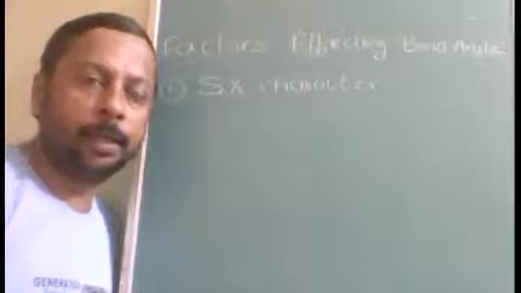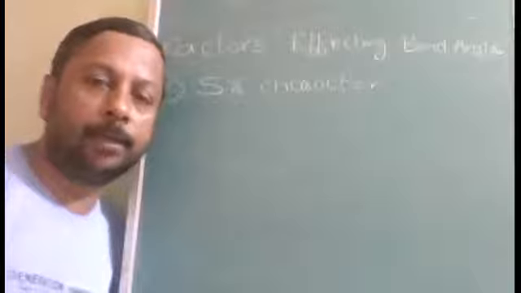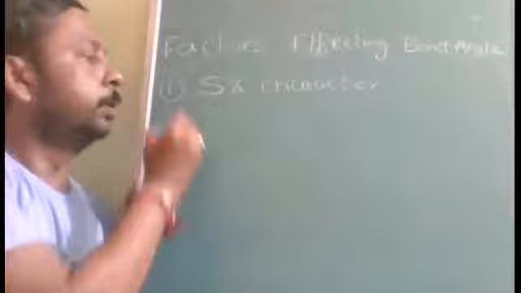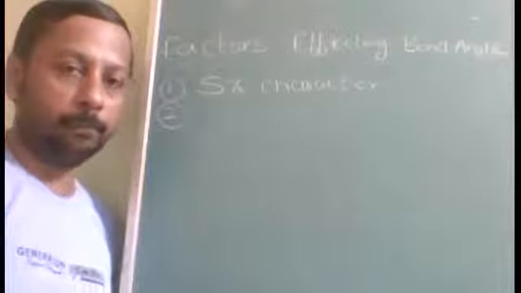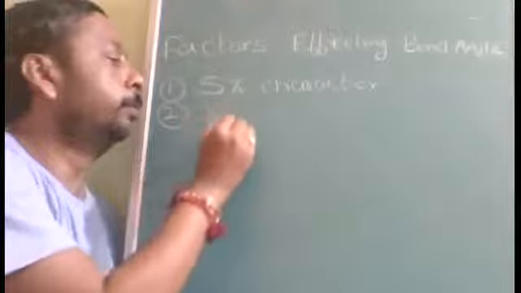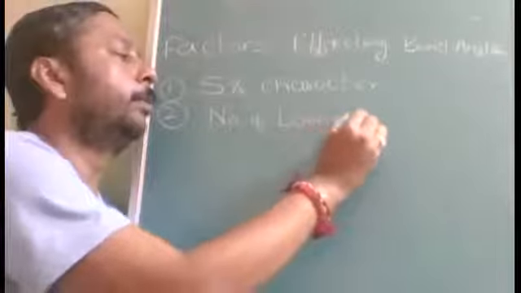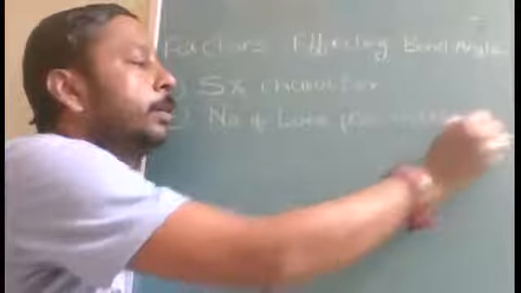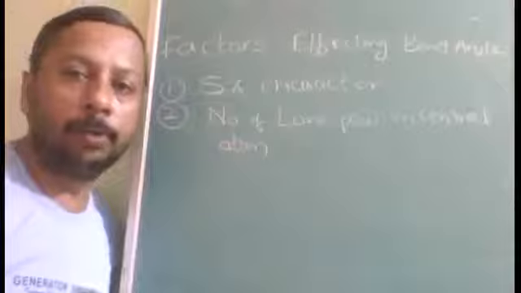After finding out the hybridization, if the hybridization is the same, definitely the s percentage character is also going to be the same. Then the second step you will follow is the number of lone pairs. What you will find out is the number of lone pairs on the central atom. On which atom? Central atom.